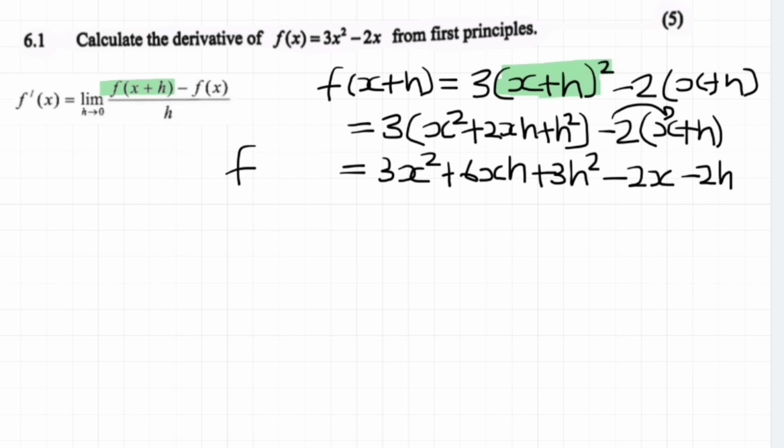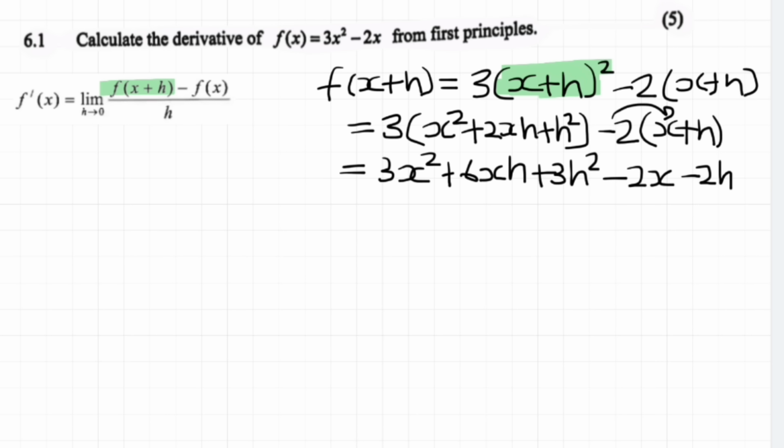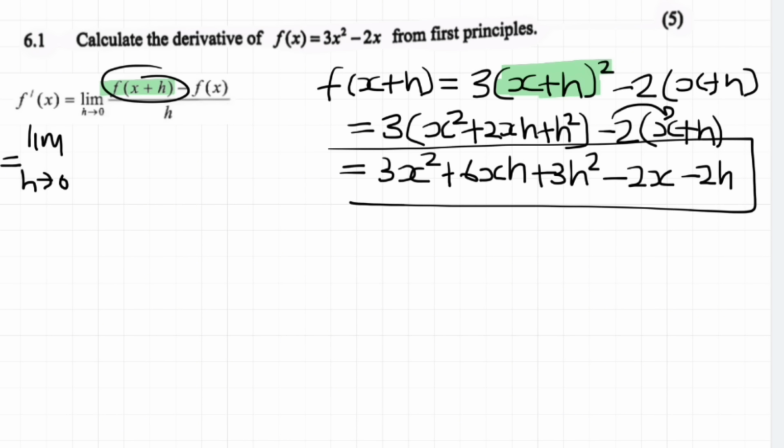Now we can substitute this into our formula, and you need to rewrite your formula. So we're going to have f prime of x equals the limit as h approaches 0. You need to write this down, but for me, let me not write it so that I can save space. What I need is the limit as h approaches 0 of f of x plus h, which is this one that I have over here.